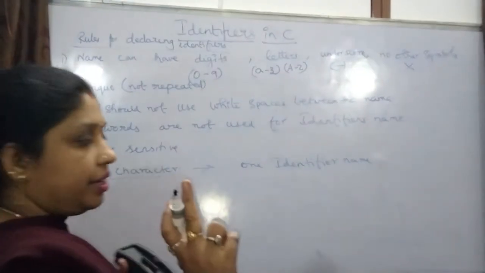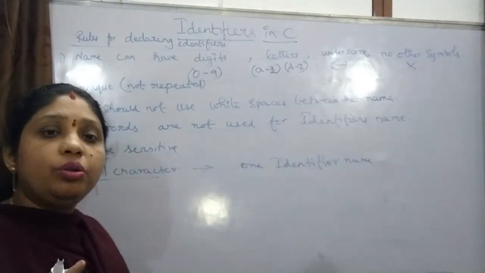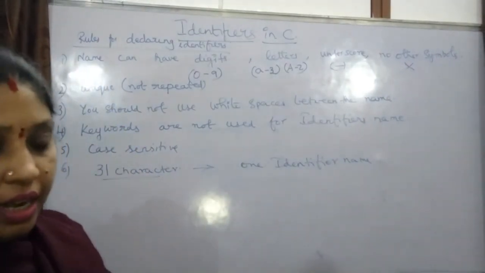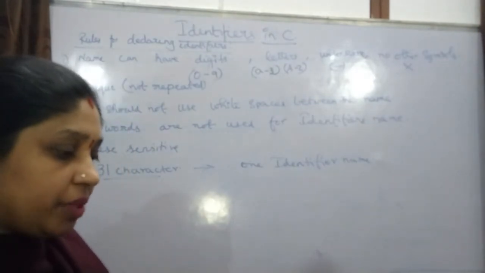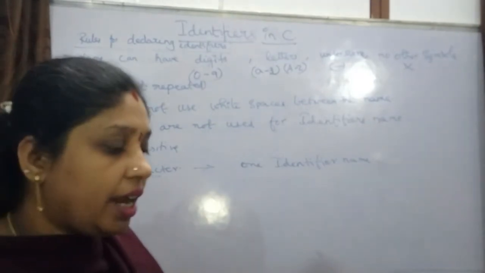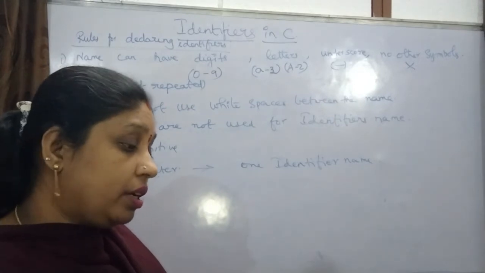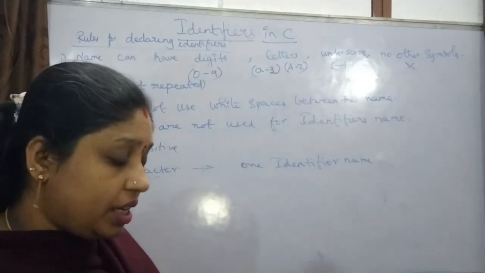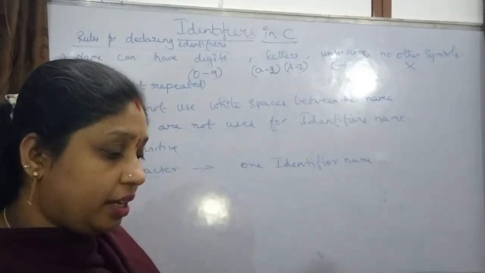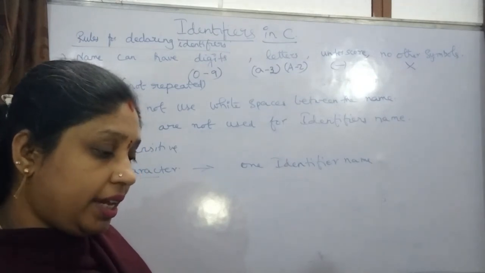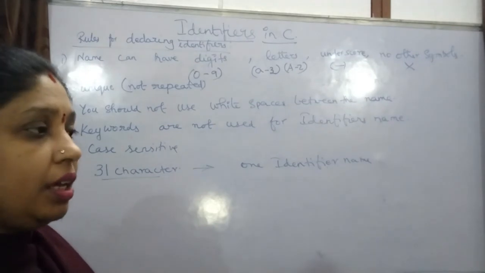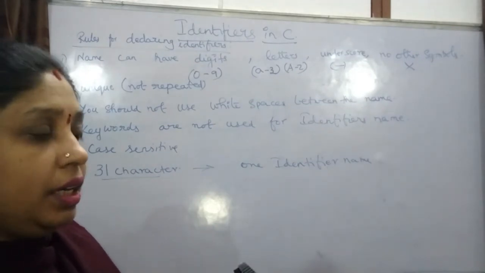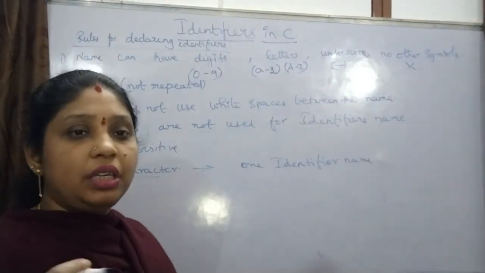But we are not going to use 31 characters at a time, because it is not easy to type that many characters for a single identifier, it takes more time, and it becomes a big word that you cannot easily handle.